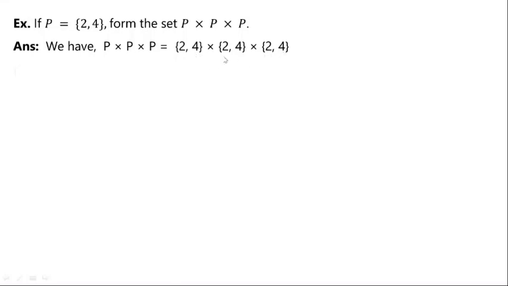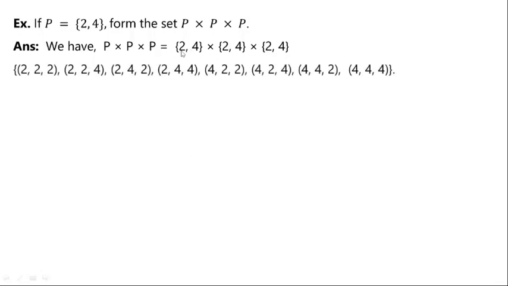So we get ordered triplets of the form (2, 2, 2), (2, 2, 4), (2, 4, 2), (2, 4, 4), (4, 2, 2), (4, 2, 4), (4, 4, 2) and (4, 4, 4).